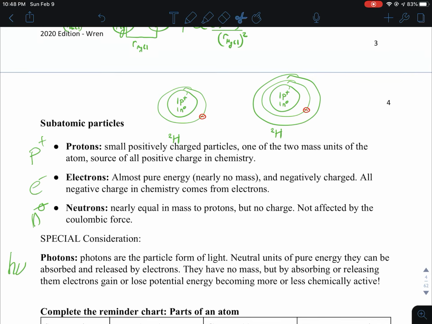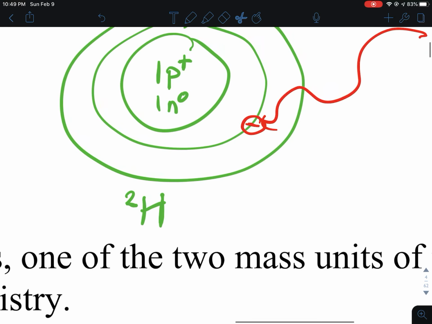And so when you have a photon come in, a photon of light can hit this electron, and it can actually cause it to change its position. That's one of the things that happens in chemistry all the time, especially with anything that's got a color to it.